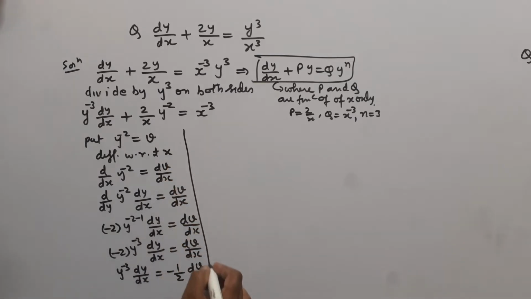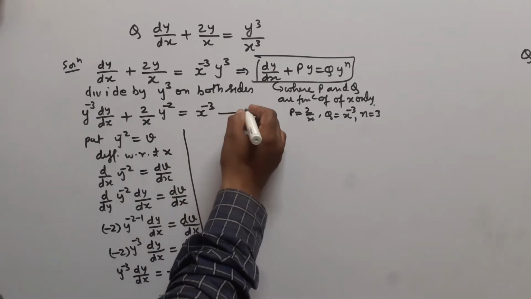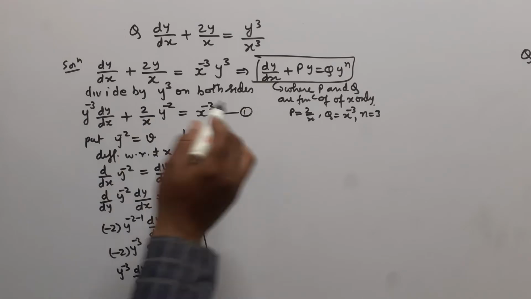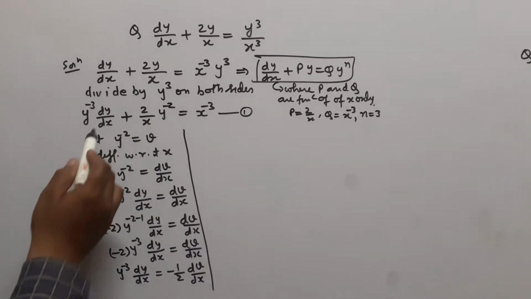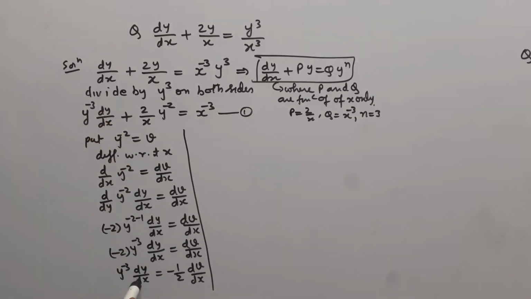Suppose that this is equation 1. In equation 1, in place of y^(-3) dy/dx, we put -1/2 dv/dx.